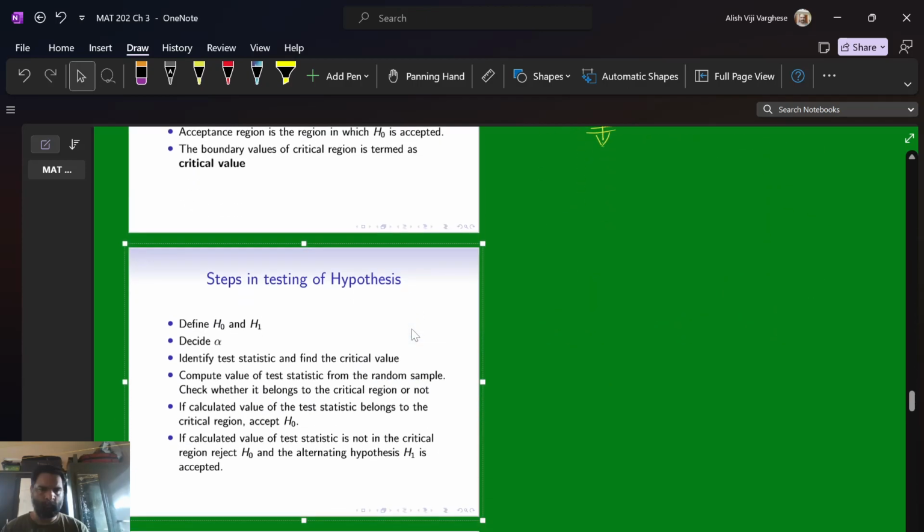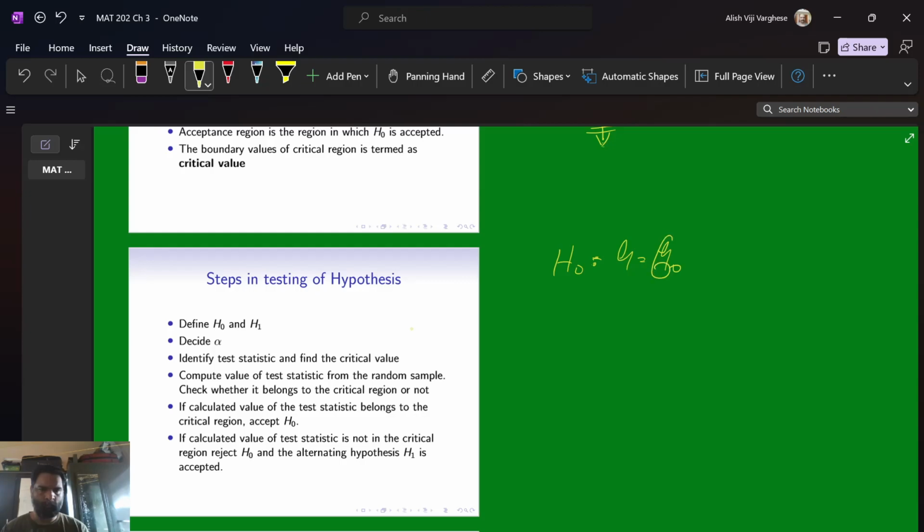Now, these are the formal steps by which we test a given hypothesis. We start with defining the hypothesis like H naught: mu is equal to mu naught. Something like mu is equal to 60. The average mark in the population is 60. That's our null hypothesis.